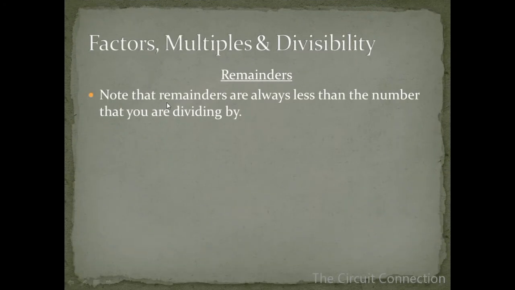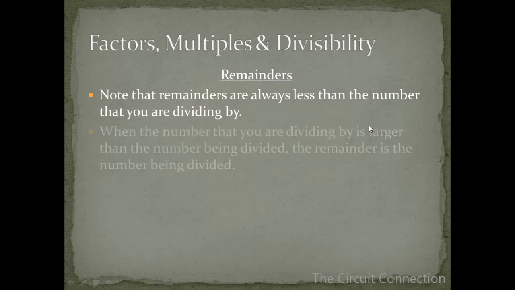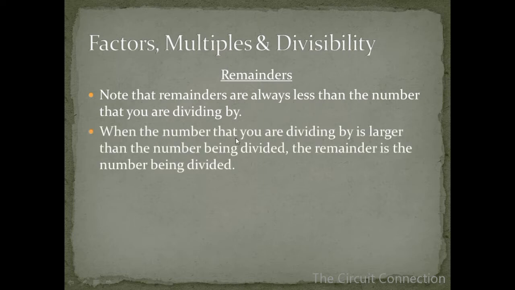Next, note that remainders are always less than the number you are dividing by. When the number that you are dividing by is larger than the number being divided, the remainder is the number being divided. So for example, 5 over 6 equals 0 with a remainder of 5.